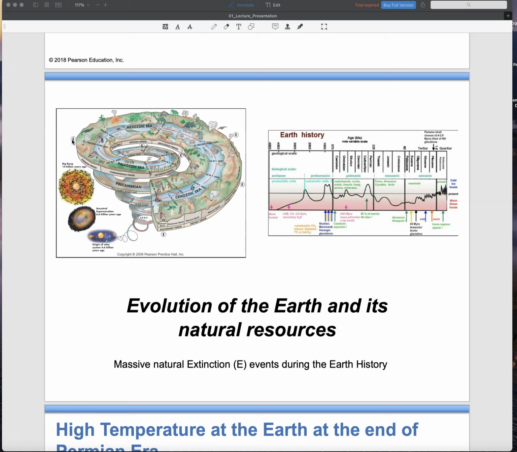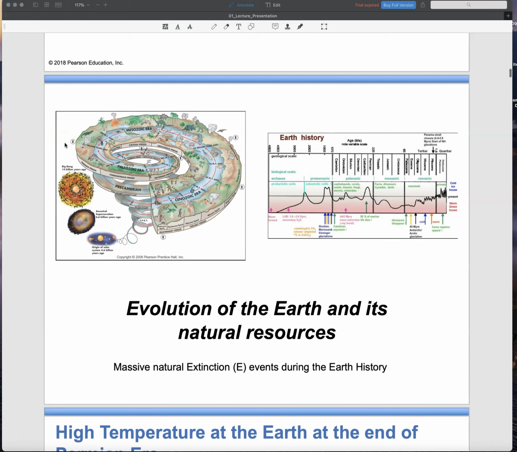Okay? Now, the most important thing is to check how the land or surface temperature was during those periods, because that is very important in terms of the greenhouse effect that we have in our atmosphere. Okay?